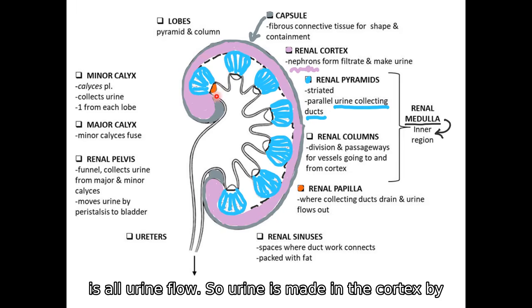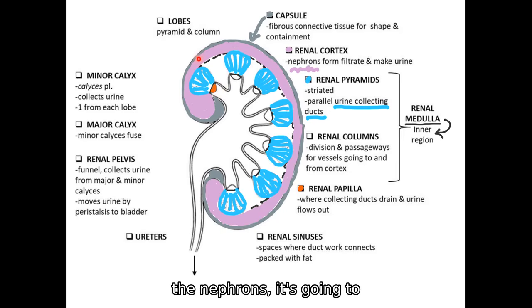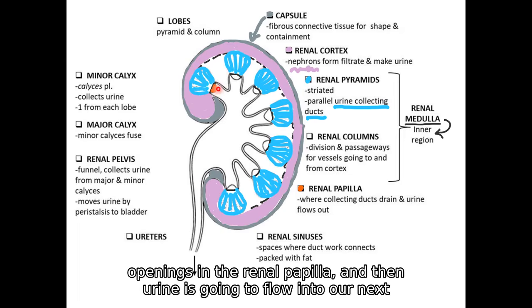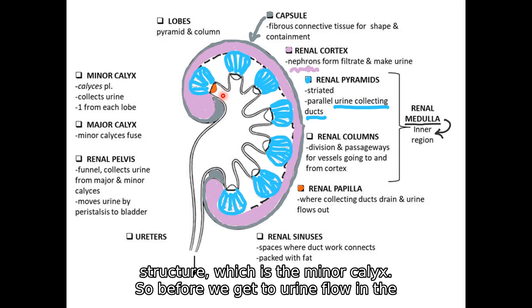So this is all urine flow. So urine is made in the cortex by the nephrons. It's going to flow through the collecting ducts in the renal pyramids, and then there's openings in the renal papilla, and then urine is going to flow into our next structure, which is the minor calyx.